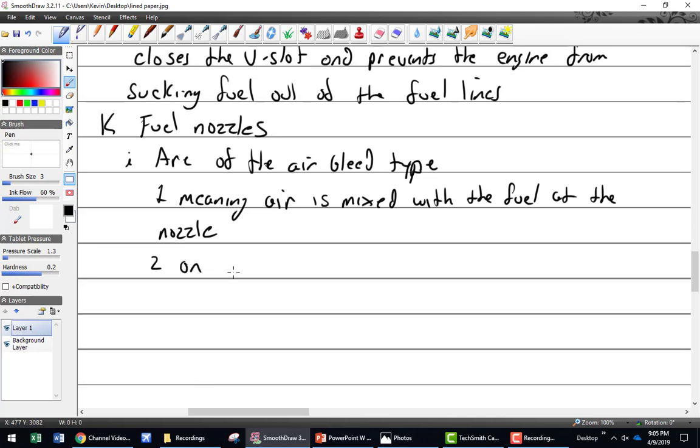On normally aspirated engines, the MAP, what's MAP? Manifold absolute pressure is less than atmospheric.